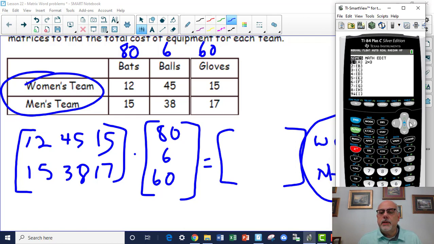Now let's put matrix B as our second one. It's a 3 by 1. And we have 80, 6, and 60.